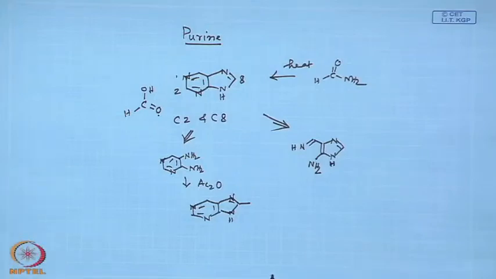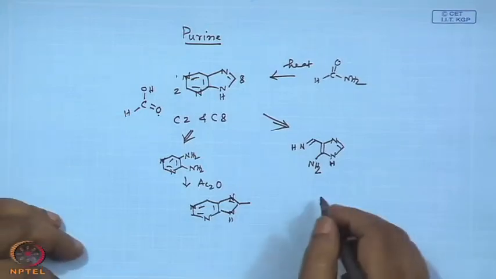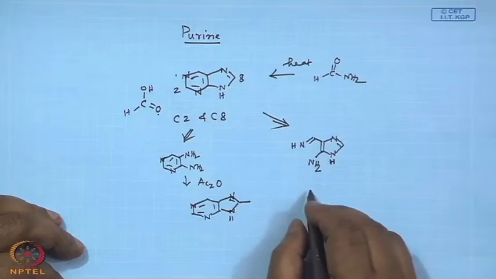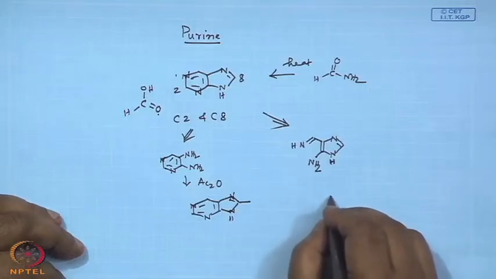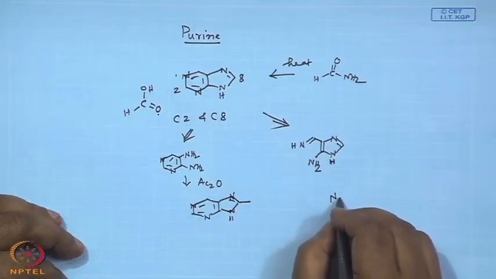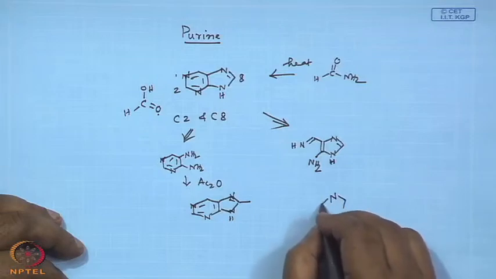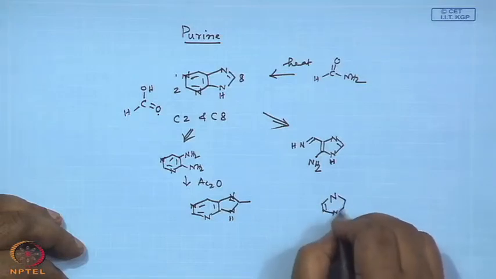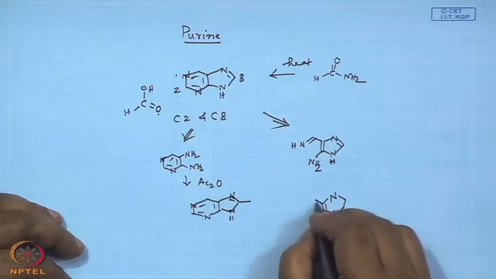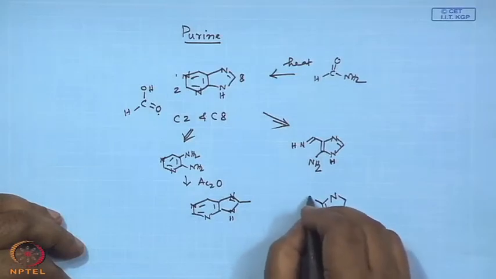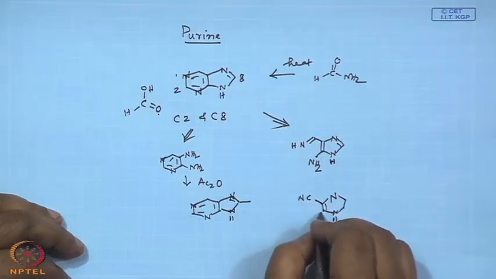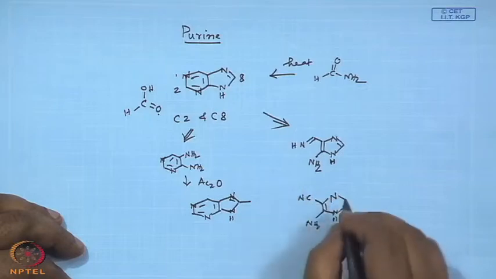Okay. And to give another example, I will quickly write an example on this system. You take imidazole, and let us say you have cyano here, and then NH2 instead of the imine there.